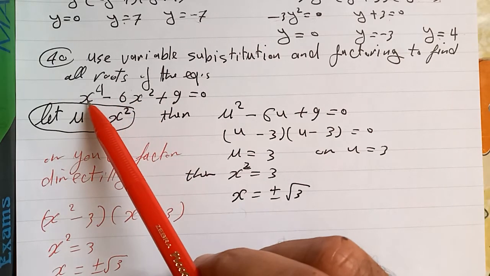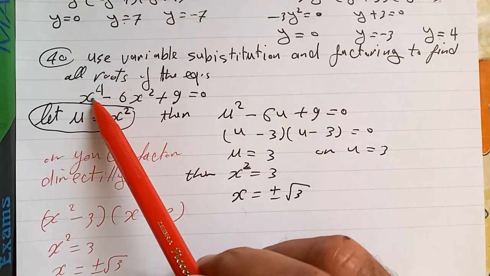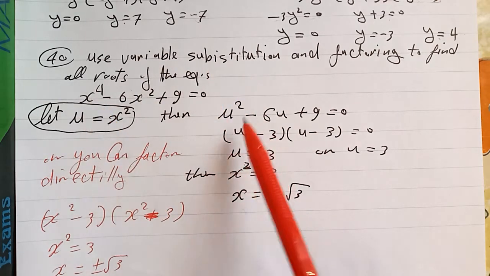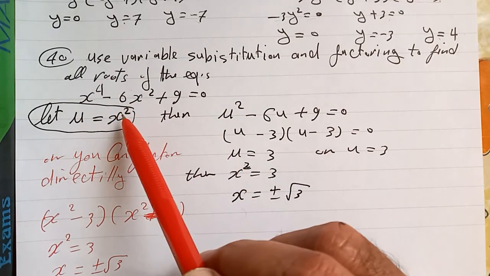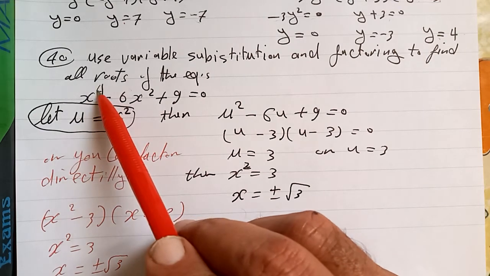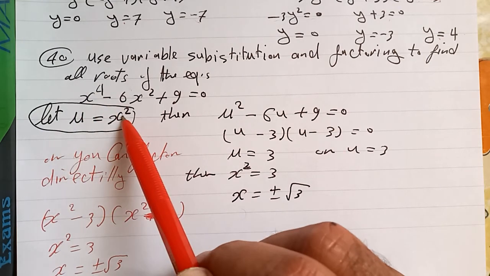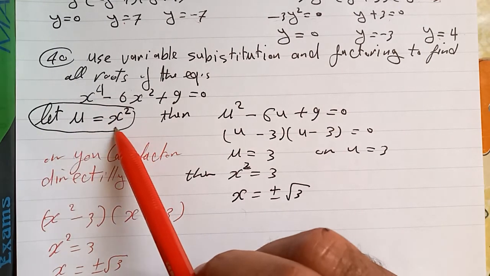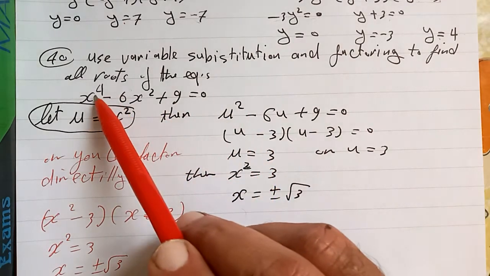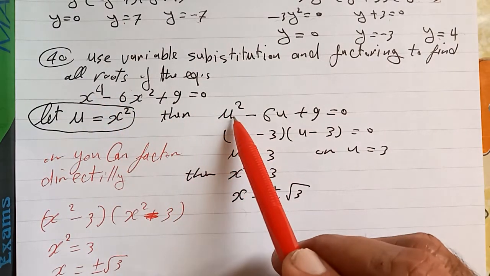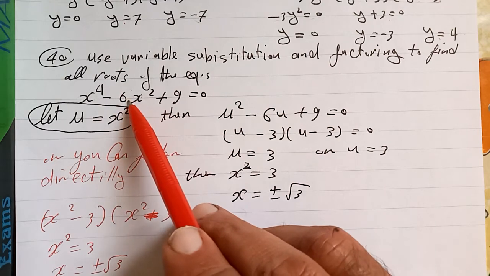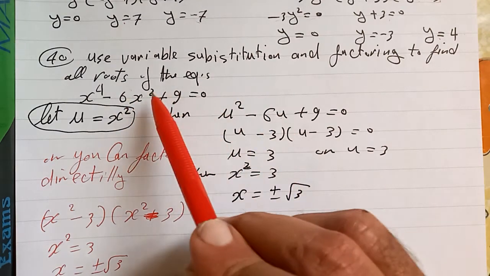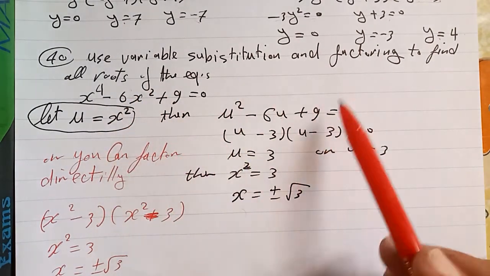So the equation will become, instead of x power 4, it will be u squared, because the u is x squared, so u squared equals x power 4. And this will be 6u, because we said that x squared equals u, plus 9.